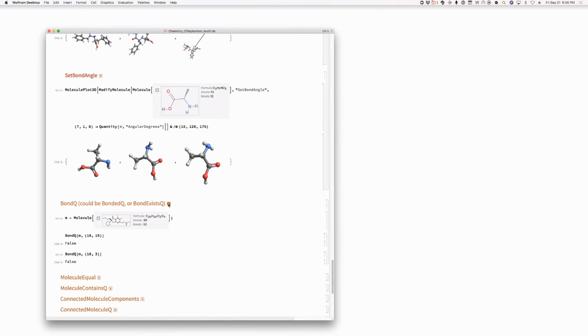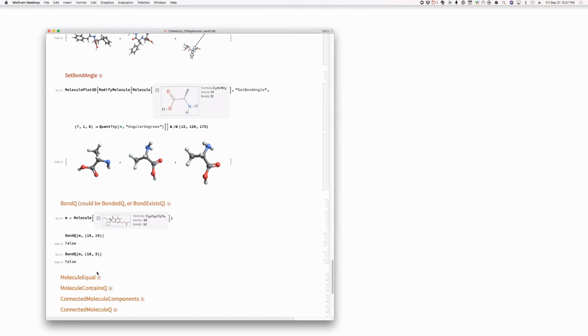But wouldn't you want to compute the chemical bond type? How would you find the chemical bond type? So you could use bond list on M, and then the second argument, as of right now, would be underscore, 18, 3, and so it would return anything in the list of bonds that matches that.